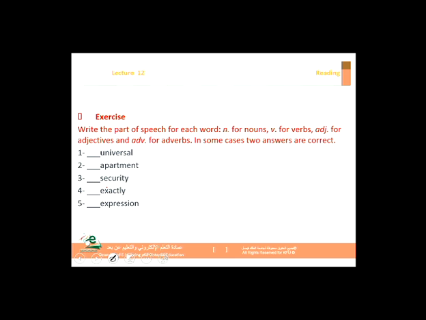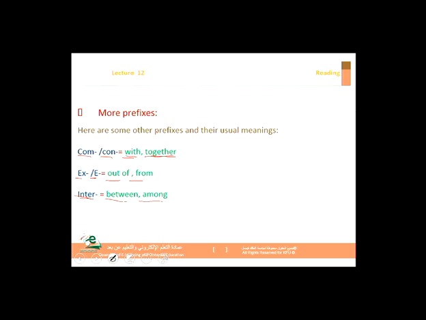But this exercise is actually about suffixes. If you remember, we've talked about prefixes and we've talked about suffixes as well. The question that we are going to answer after this one will focus on suffixes and how we can know the part of speech of these words from looking at the suffixes.